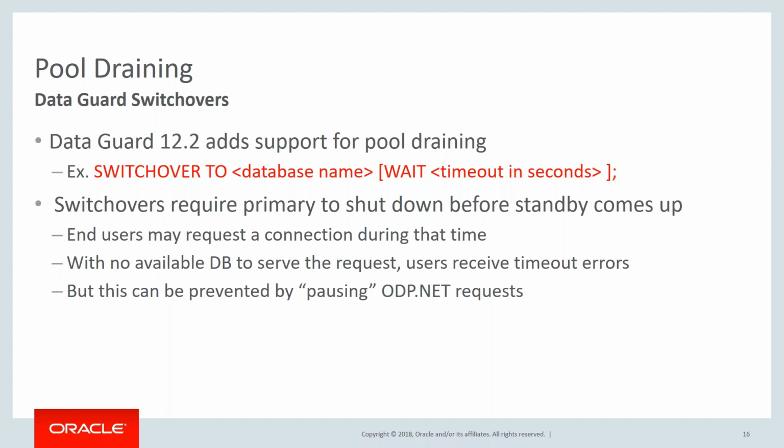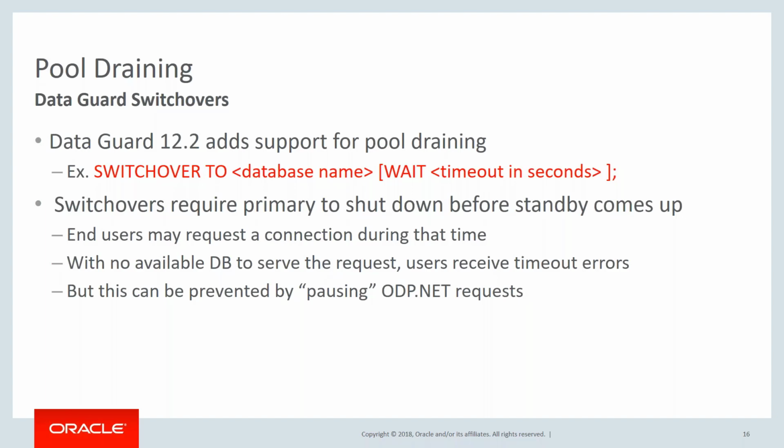So this parameter is key when you're doing a switchover, in terms of setting the pool's expectation for how long it should pause the connections that are trying to come in and access the standby database, before delivering an error message that the connection request has timed out. This is something that can improve your end user experience, because it's better to have them wait for the standby to come up than to immediately deliver an error message.